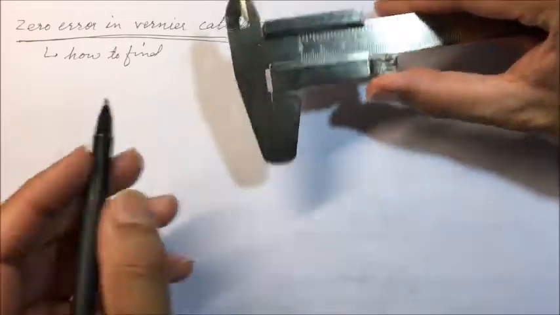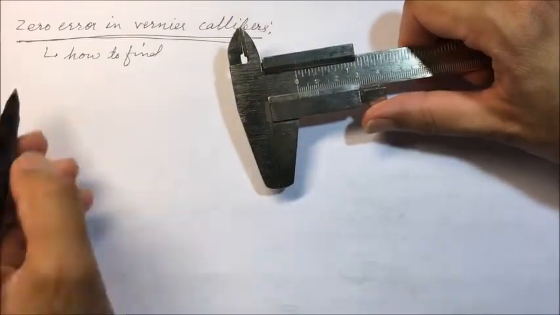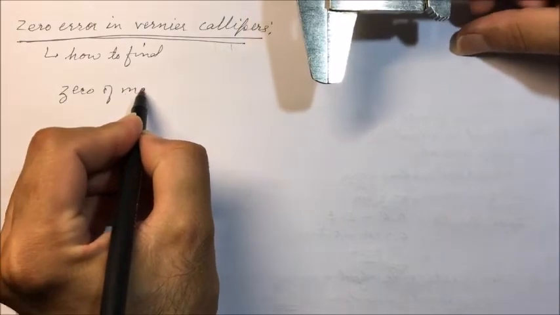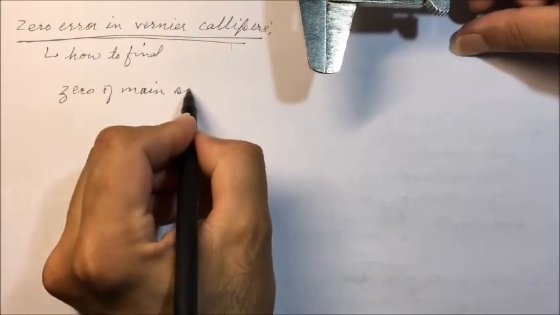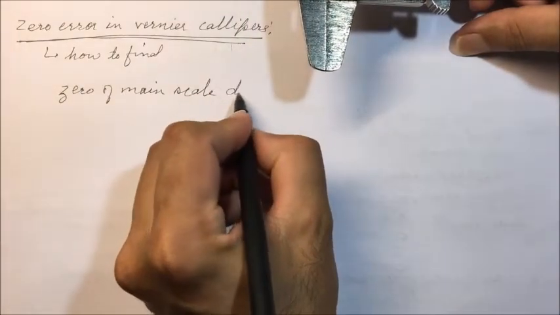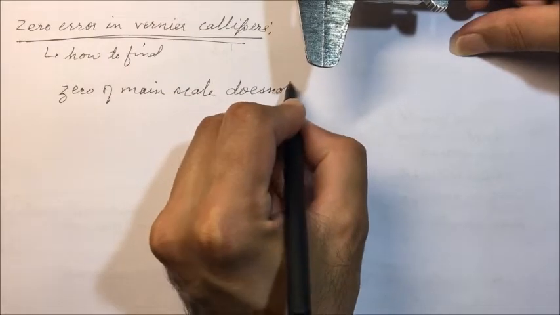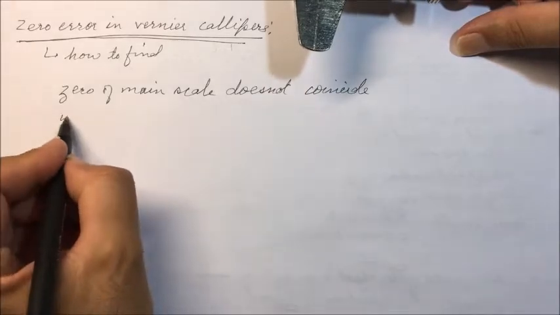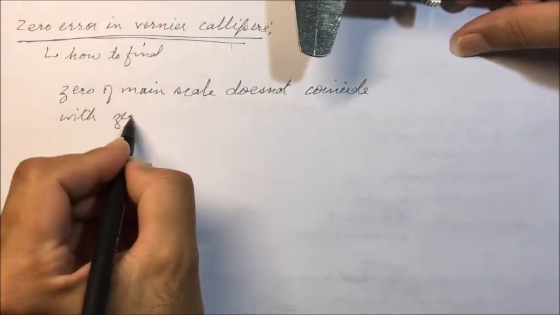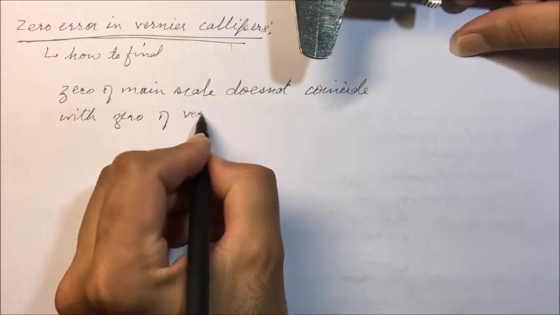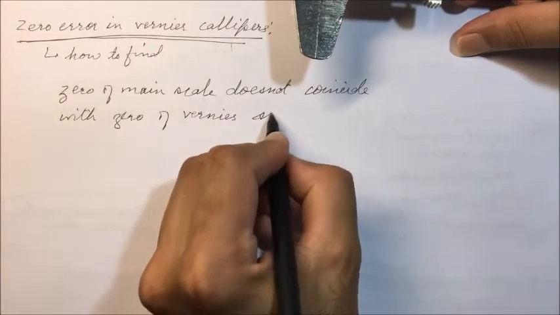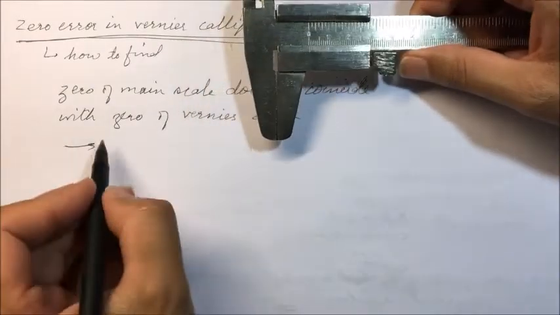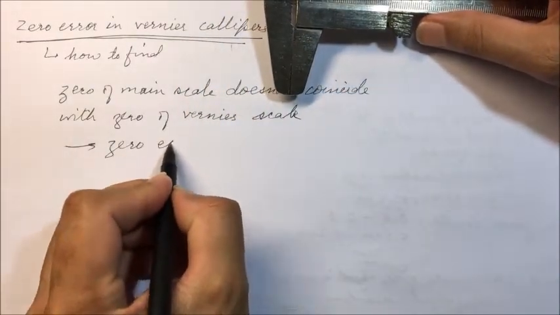Now if the zero of the main scale does not coincide with the zero of the vernier scale, then the instrument is said to have zero error. So zero error is there.